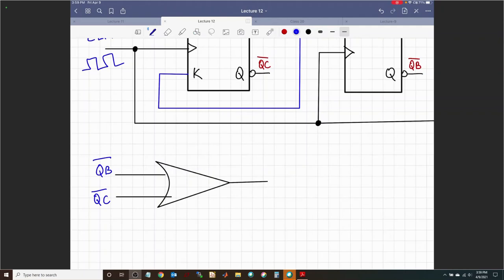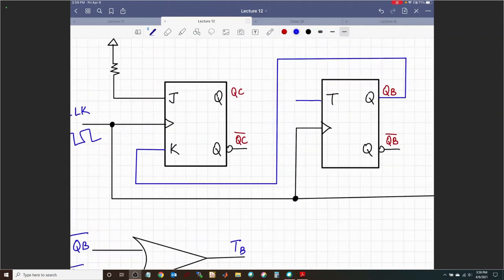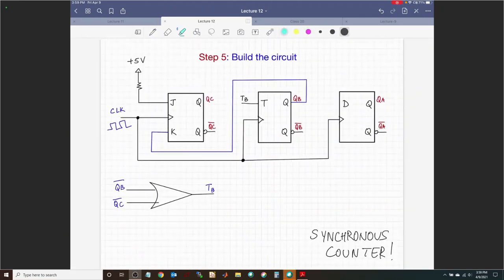This goes into TB. That's your TB. See that? You're taking this and this and putting them to TB, so you are connecting here. This is not hard. Yeah, exactly. All right, so we have got that. We have figured out TB.